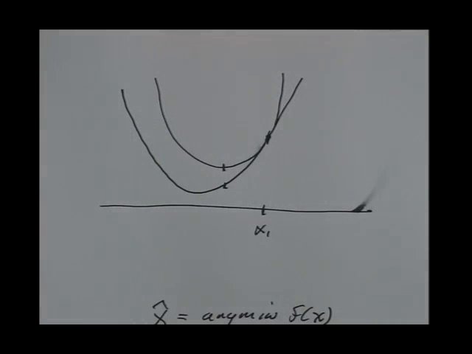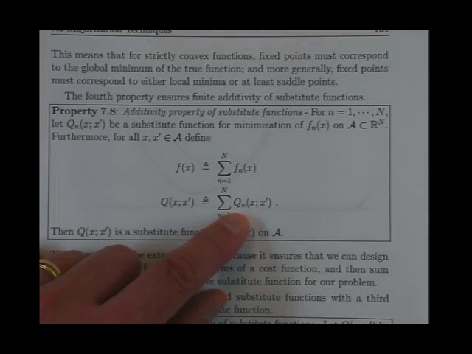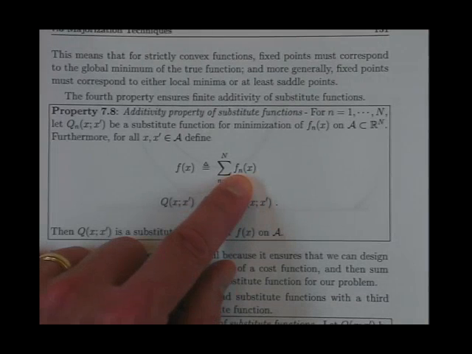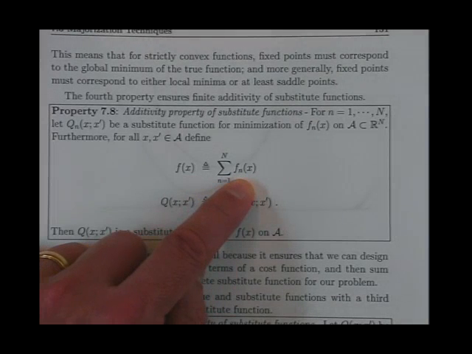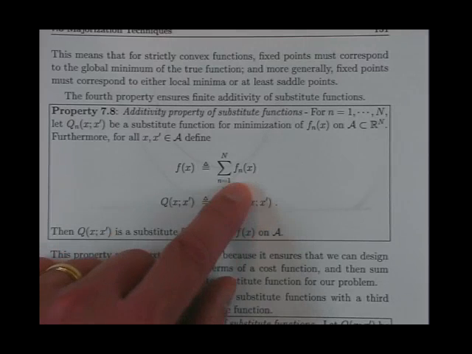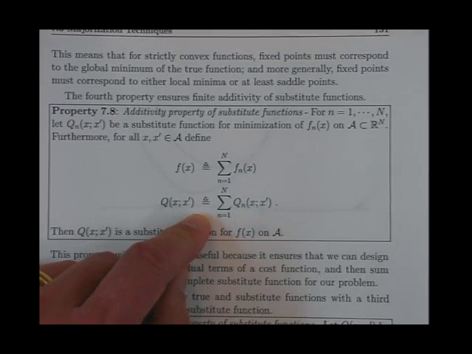And then there'd be other properties and so forth. Oh, okay, this is important. If you have a substitute function or a surrogate function for individual functions, so if f is composed of a sum of little f of x_n, and you have a substitute for each function for each x_n, then the sum of the substitute functions is the substitute function of the sum. Okay, I'll say that again because it's sort of a little bit like Sally sells seashells by the seashore, okay?